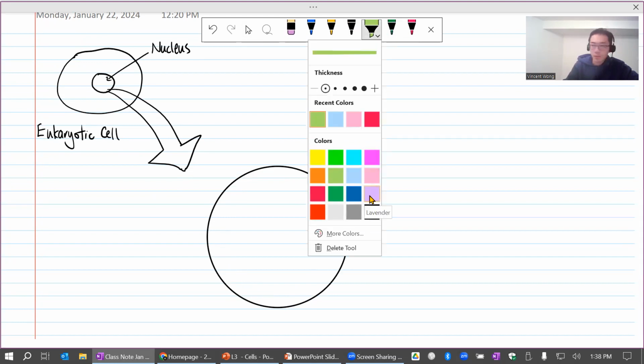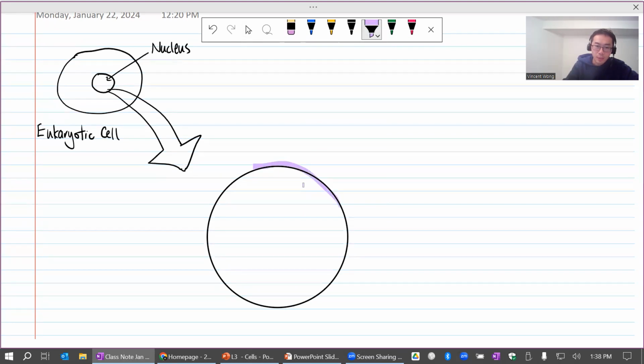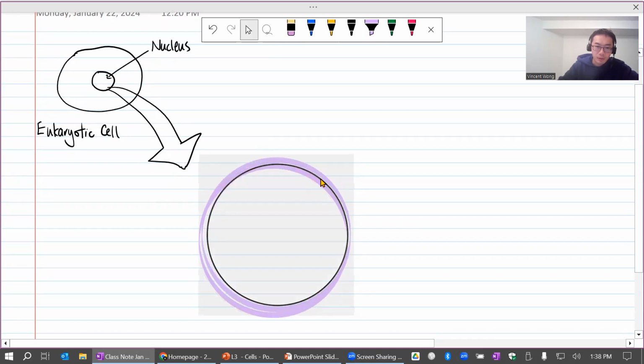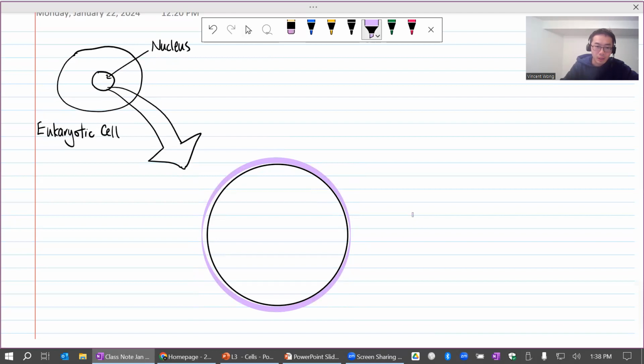And I hope you have colors with you. The nucleus is actually surrounded by an envelope. Let me see if I can do this properly. There we go. You can probably do a little bit better than me on your paper. So there is an envelope here that surrounds the nucleus. That is called the nuclear envelope.